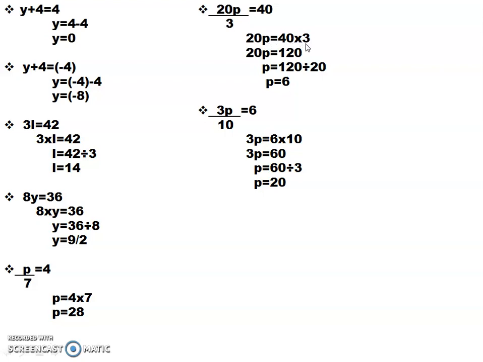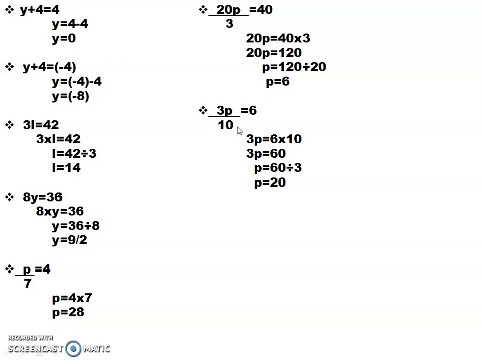What is 40 into 3? It is 120. 20 into p equal to 120. What happens? 20, when it comes to the other side, becomes division and you will get the answer as p equal to 6.